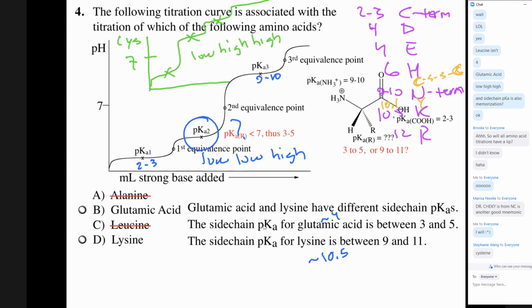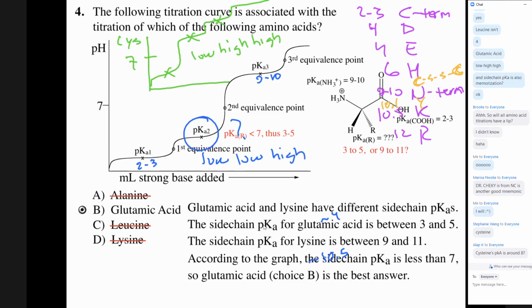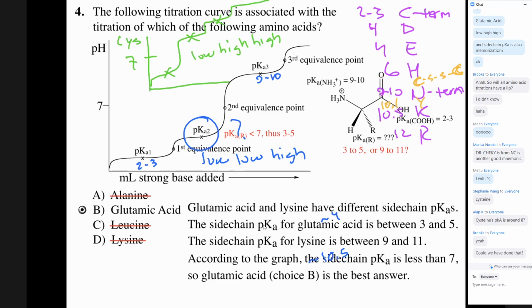Okay. Hopefully this one seems okay. This is a tough question, if you ask me. It would have been the question from hell had I had both aspartic and glutamic. Yeah, cysteine is around 8-ish, exactly. So I should put this around 8.4, just to be really anal.